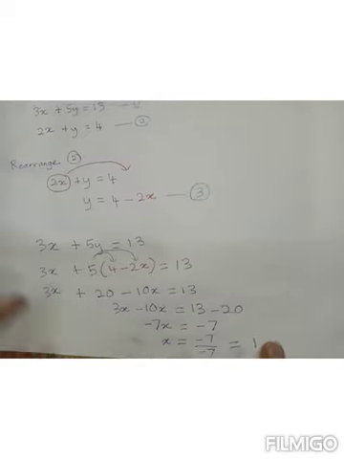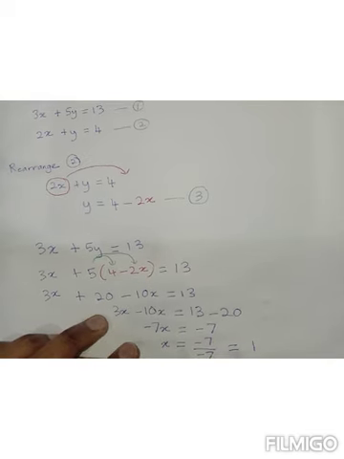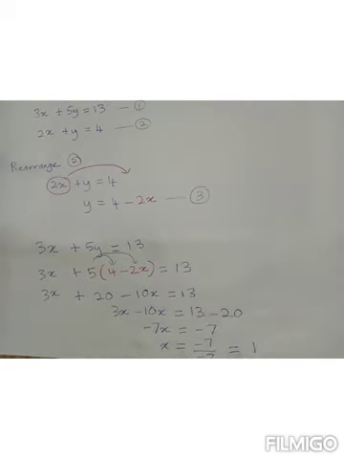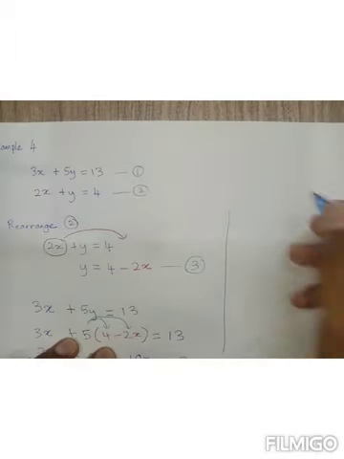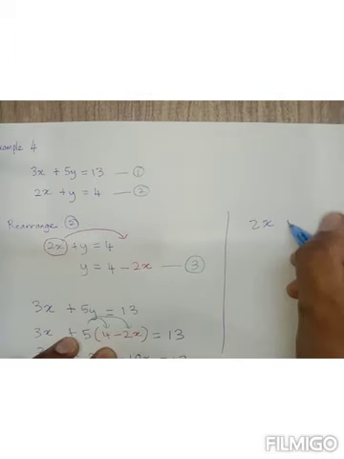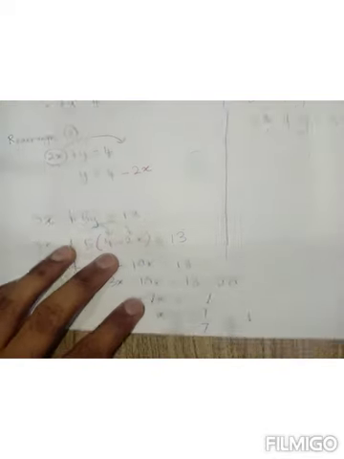After finding the value of x, I want to find the value of y now. So I'm going to use the value of x equals to 1, put it inside one of the equations, any easy equation. I want to put it in equation 2 because equation 2 looks easy. So equation 2 is 2x plus y equals to 4. X was 1 earlier, remember.